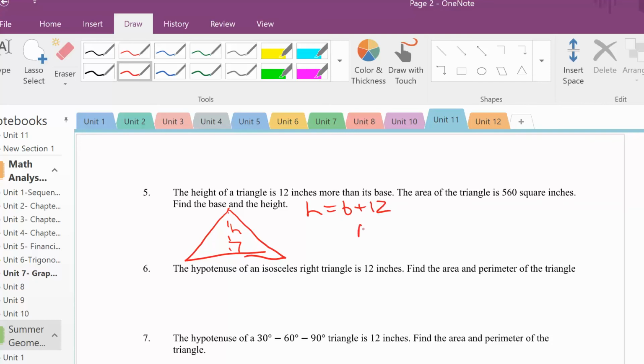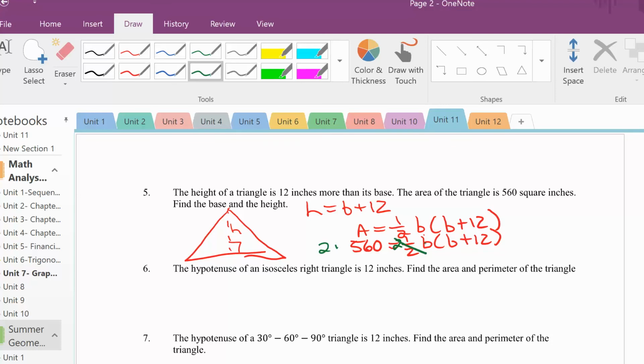So remember, area is equal to 1/2 base times height, and height would be b plus 12. And 560 is the area, and that's equal to 1/2 base b times b plus 12. Now to get rid of the fraction, we'll multiply both sides by 2.